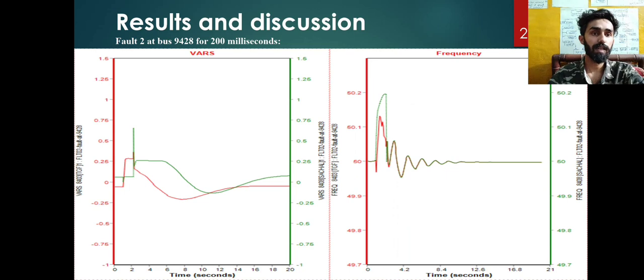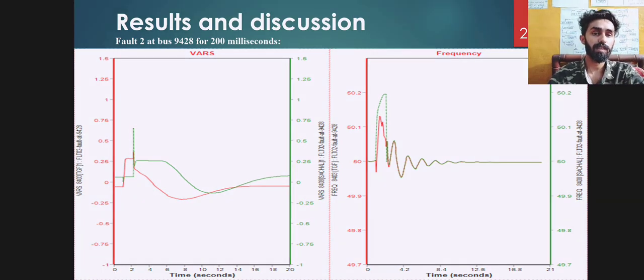In the VAR and frequency analysis, these also deviated at a certain point, with the fault at 200 milliseconds.